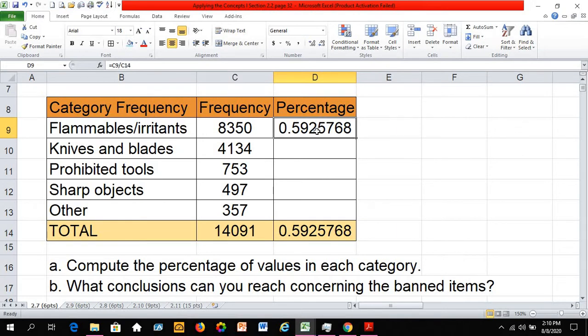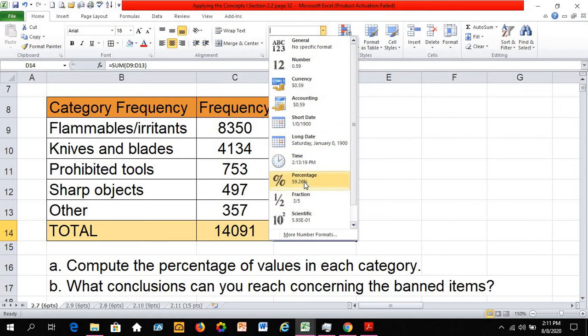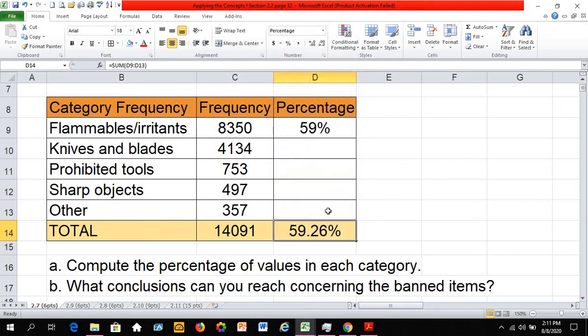0.5925768. To convert this to a percentage, you simply press the percent icon and you'll get 59%. Similarly with the total, you can also convert it by clicking the percent sign.